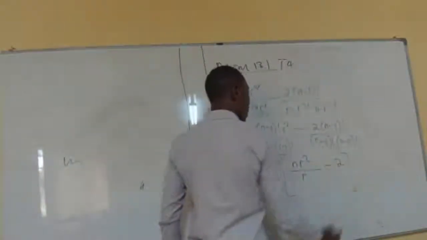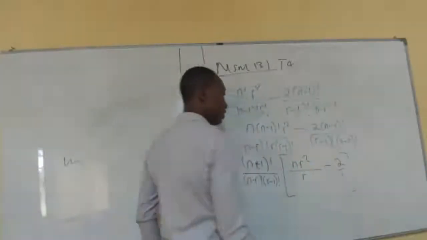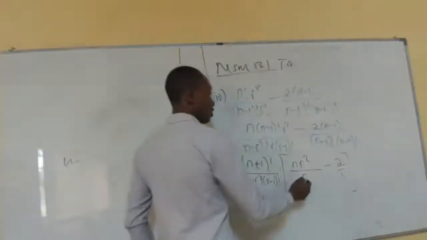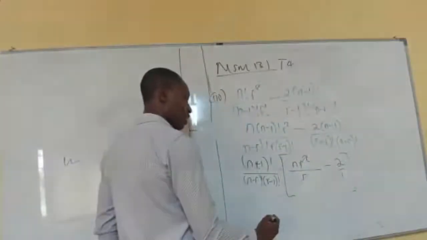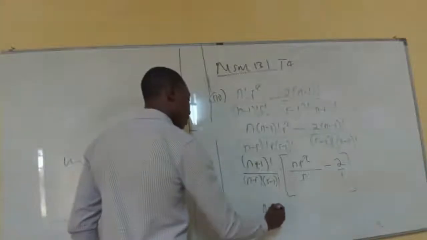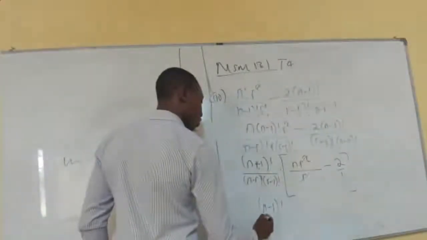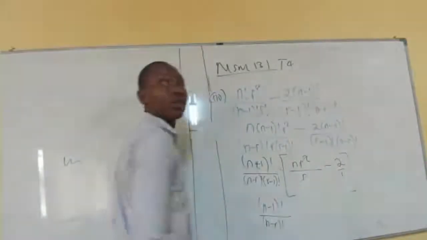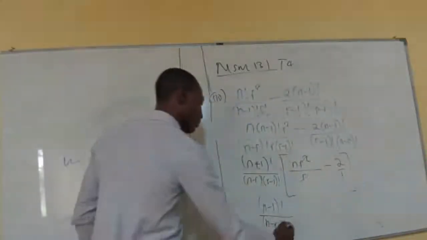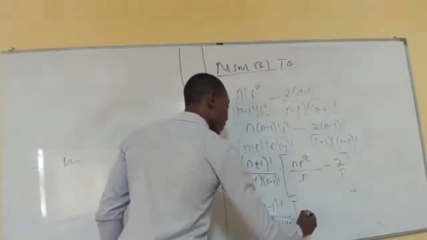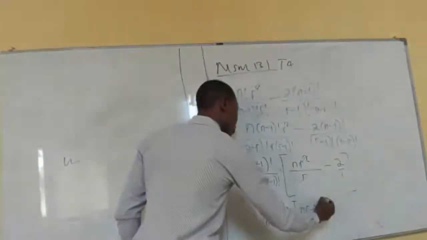So from here you have minus 1, alright? So this r here can go into this one, so basically your final answer ends up being n minus 1 factorial over n minus r factorial, r minus 1 factorial multiplied by nr minus 2, right?